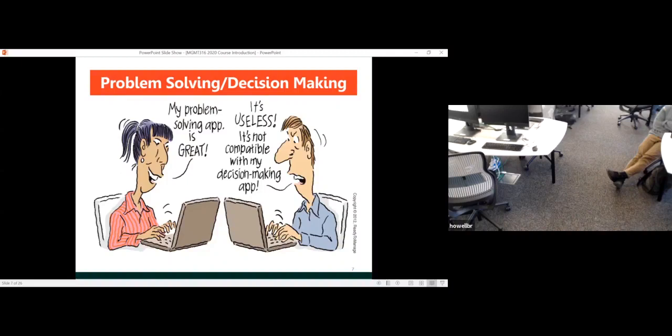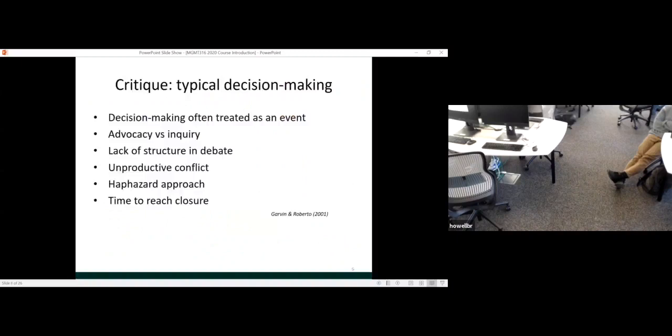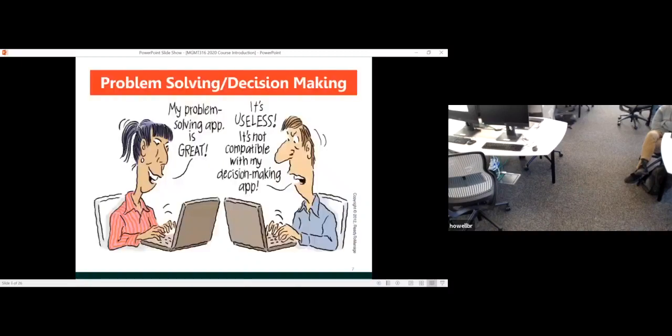We realise at the moment that, if I go back to that other slide, there's a bit of advocacy going on with some of them, some lack of structure in some of them, some haphazard decisions being made, quick decisions being made without time to reflect, and we can see some of the consequences. Now, whether or not there was time is out of the question here, but we can use some of these models to think about what alternatives there would have been had there been more time to think about it. So that shows where some of the benefits are in using these models and frameworks rather than the gut reaction.